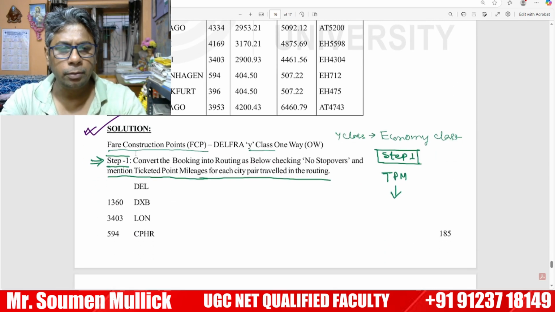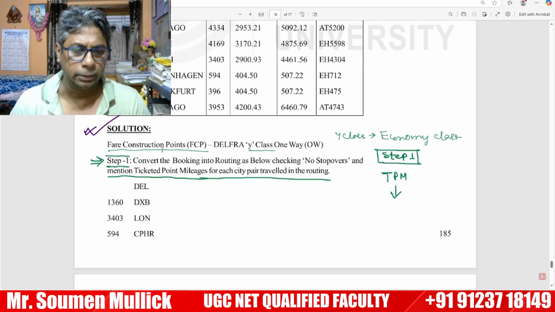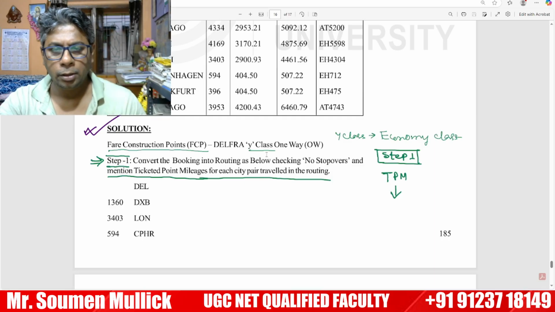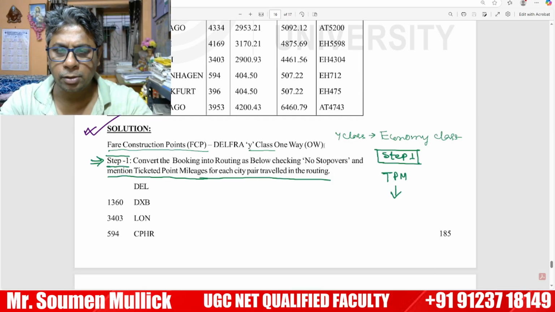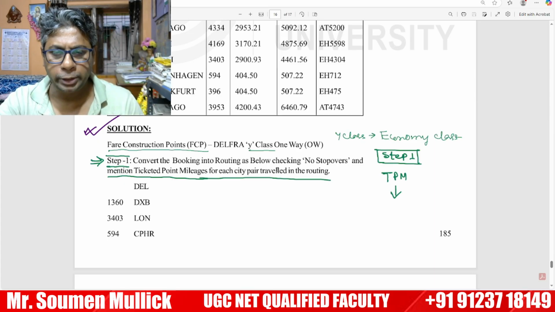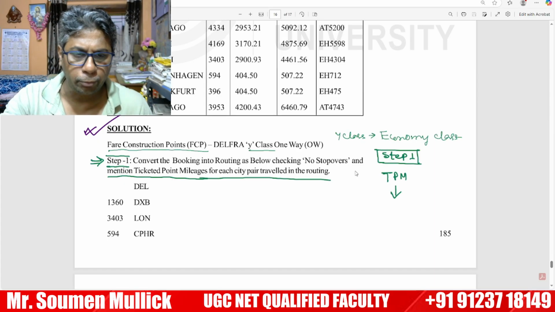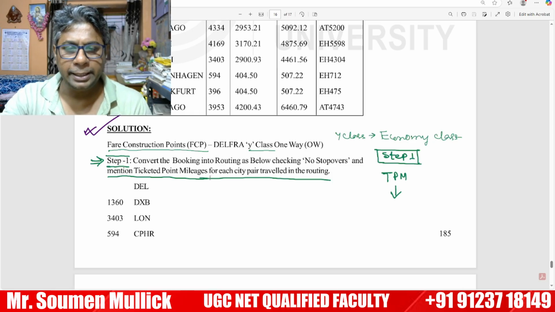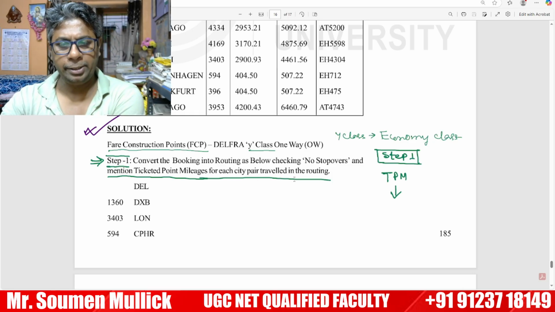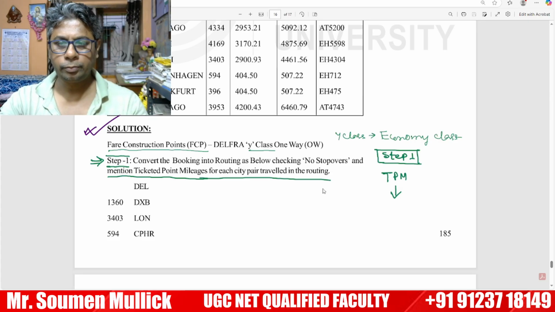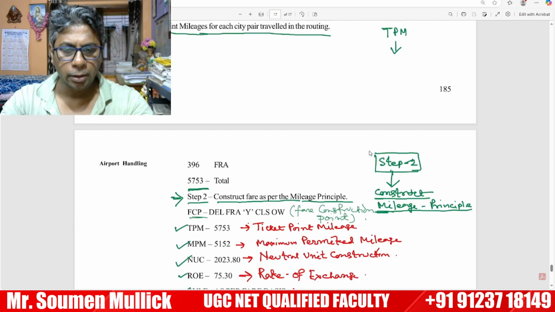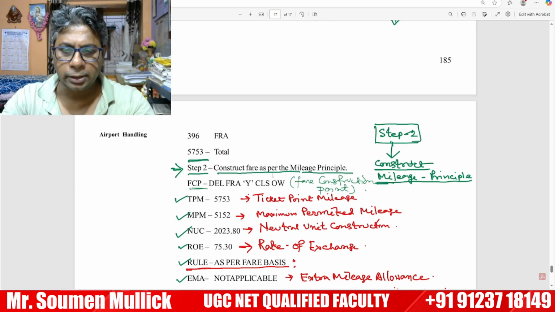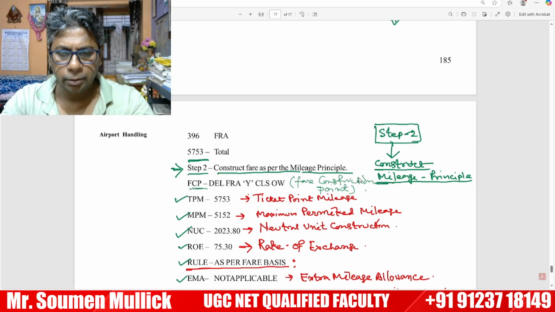The solution. How can we solve this calculation? Fare construction point. The Y class. Y means economy class. One way. Step 1, convert booking into routing as below, checking no stopover, and mention the ticket point mileage for each city pair travel in the routing. First step is TPM. Second step is to construct the fare as per the mileage principle.